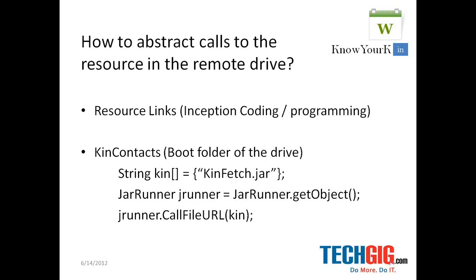The KIN contact is one of the components that you can run from your local drive as well as from the cloud drive. If you run from the local drive, you have a straightforward process where you abstract the string parameter by passing the KIN parameter to call file URL, which runs the jar file.